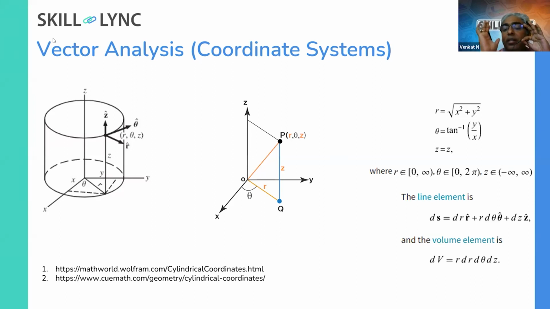I hope everyone is aware of the Cartesian coordinate system, right? I skipped it because maybe it's too basic, but next time maybe I'll cover it. It is nothing but our X, Y, and Z, the right angle system that we regularly use. Great. Most of you have answered it right.